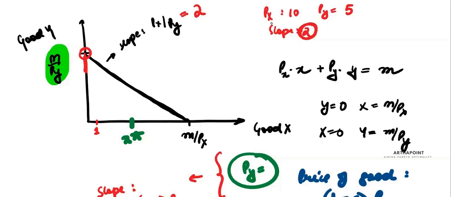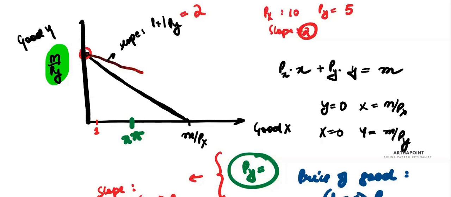So your slope will go ahead and become lower. Instead of this being 2 by 1, you have 1.8 by the same 1, right? So what happens to your slope is it becomes like this, flatter.